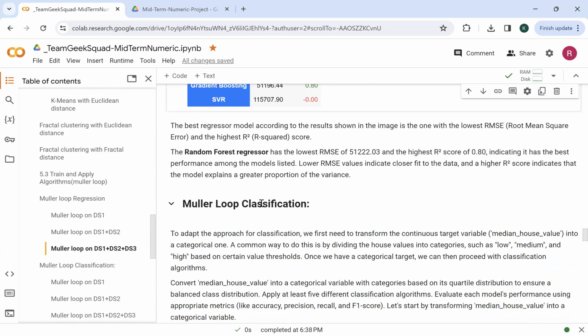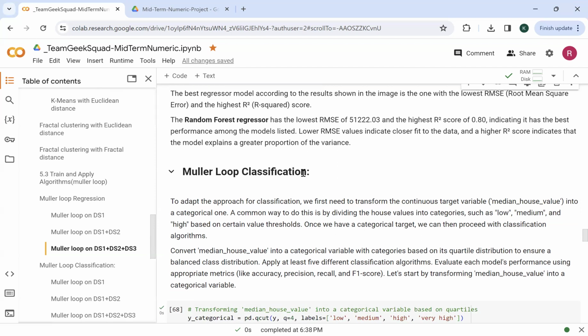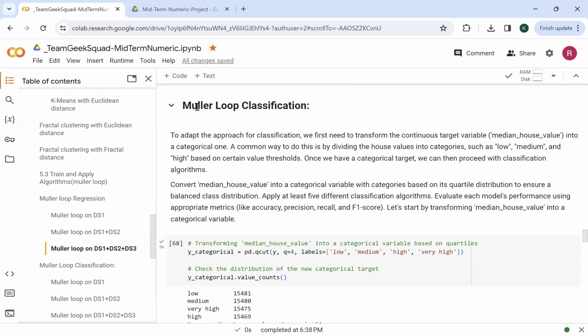Random forest has the lowest RMSE and the highest R2 score, which is considered the best performance among the models listed. Lower root mean square error values indicate a closer fit to the data, and higher R2 score values indicate the model explains a greater proportion of the variance.